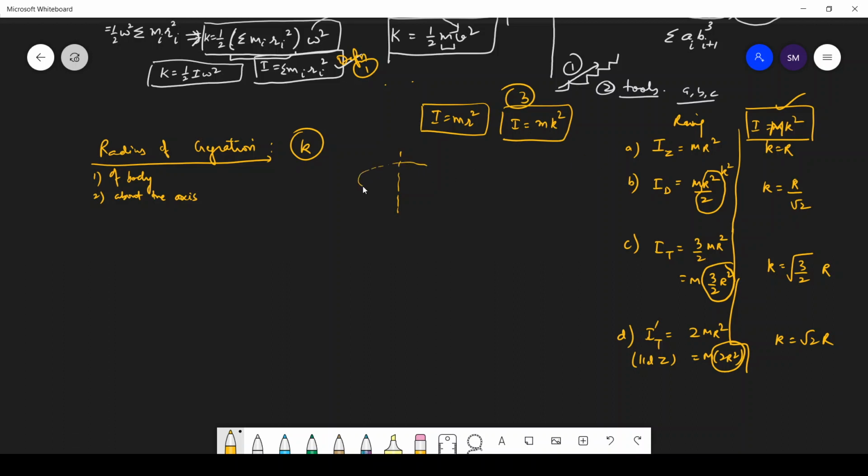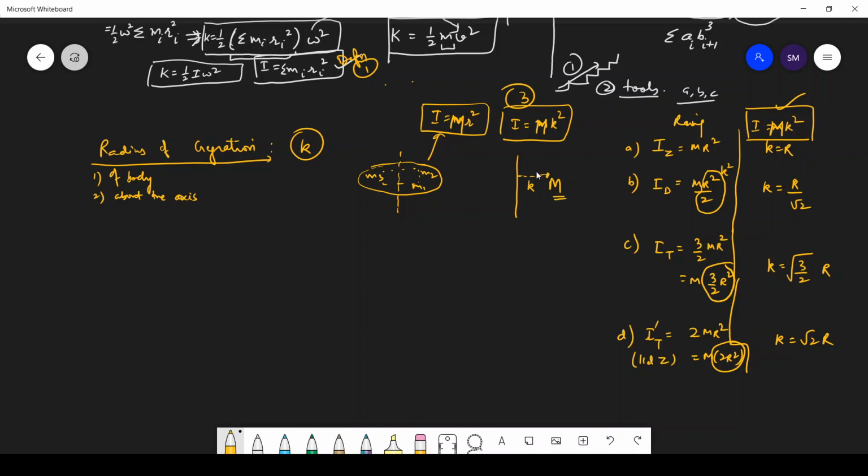This means that you have the extended body over here and you calculated the moment of inertia of this body. It's telling you, assume that the whole mass of the body is concentrated at this point, and this is at a distance k from the axis of rotation. Here the mass was m1, m2 and so on, lots of particles, but here the mass is concentrated at one point.